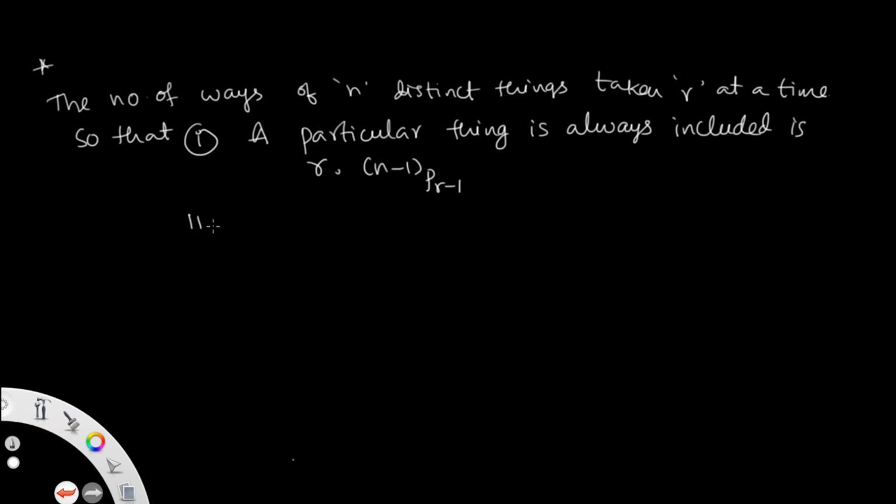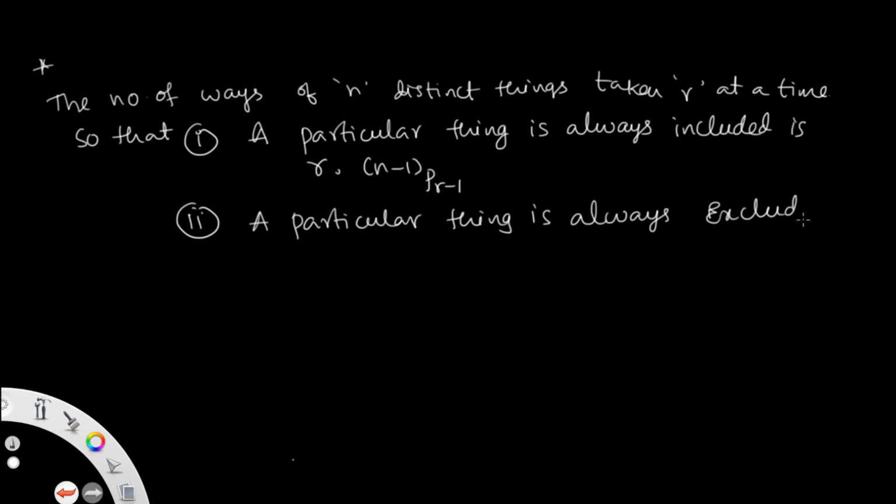Second point, a particular thing is always excluded. There are 2 parts we will take: the included part and the excluded part. Always excluded is, we get one part, one place is over, then you choose from r things, that is denoted by (n minus 1)Pr.